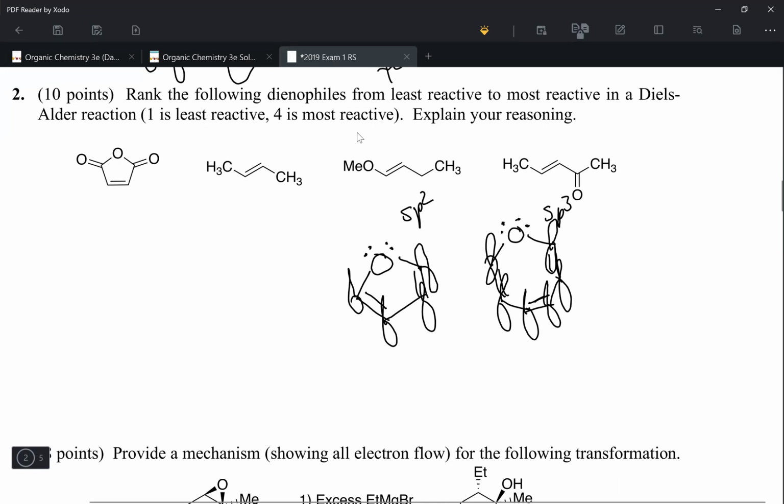In this one, just from the pi bonds, the one I drew the arrow on, how many electrons are coming from pi bonds? 4. How many electrons are coming from pi bonds in this one? 6. So we have 4 and 6.